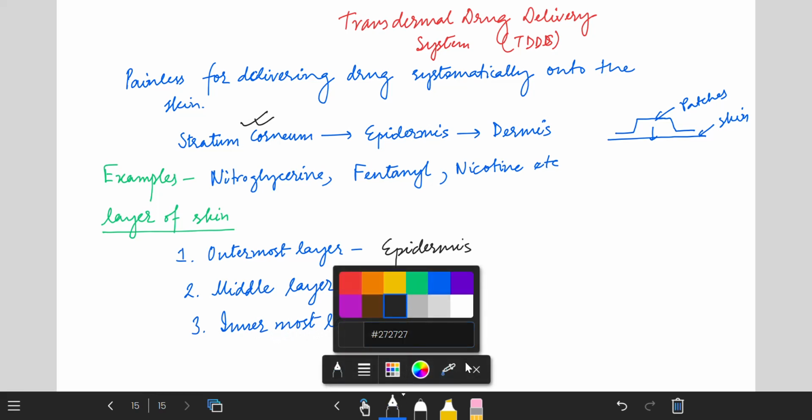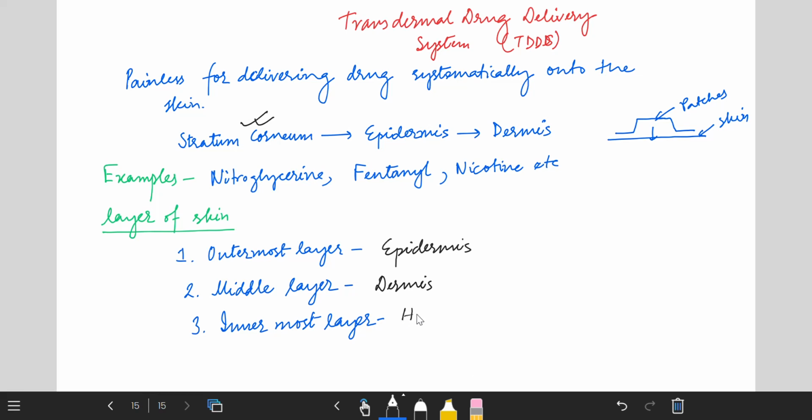This layer is known as hypodermis or the subcutaneous layer. Okay.